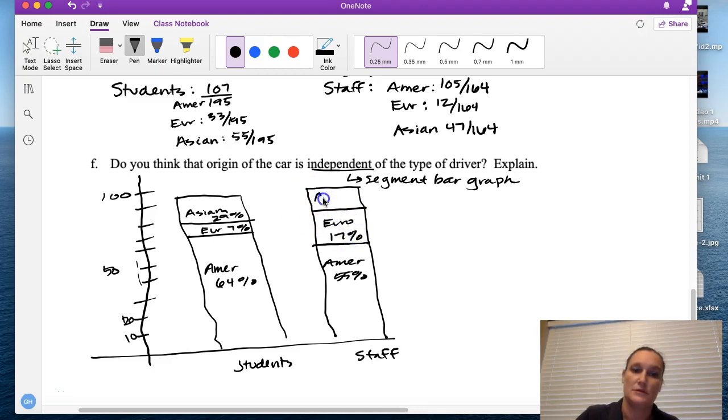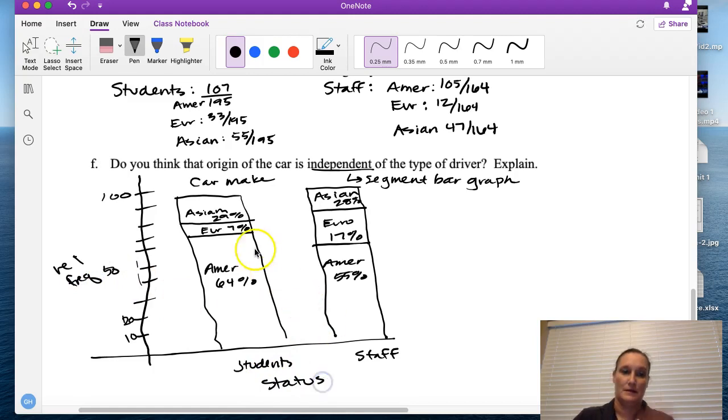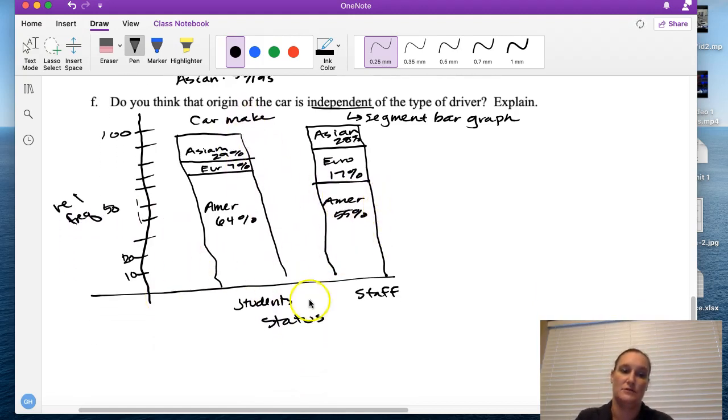And then Asian is 28. Okay. We gotta label our graph. Okay, so we're gonna title it car make. We're gonna say that's the relative frequency, this is the status, and that's students and staff.